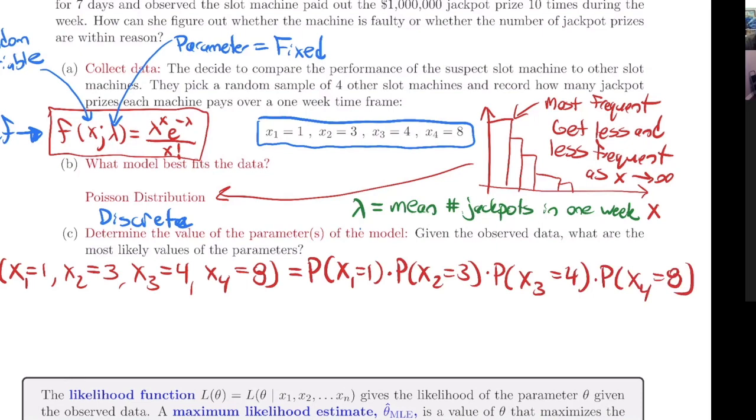Again, this first equation comes from the fact that each of these xi's is independent from one another.